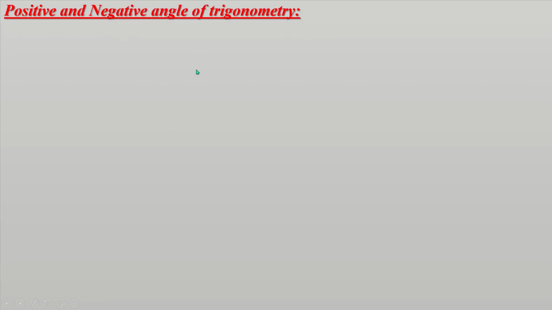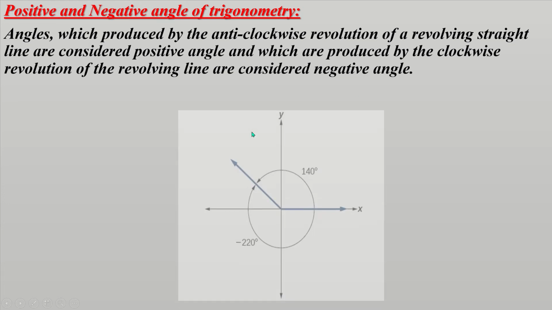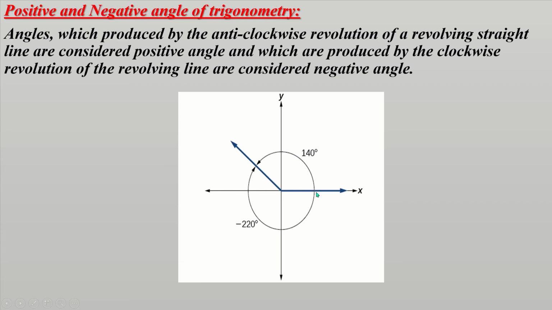Positive and negative angle of trigonometry: angles which are produced by the anti-clockwise revolution of a revolving straight line are considered positive angles, and those produced by the clockwise revolution of the revolving line are considered negative angles. That means from here to here 140 degree, this is a positive angle that revolves anti-clockwise, and when from here to here revolving clockwise, this is a negative angle.